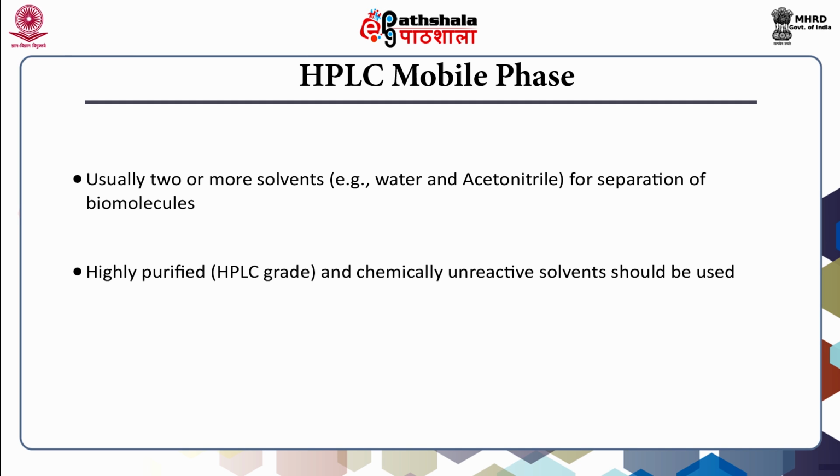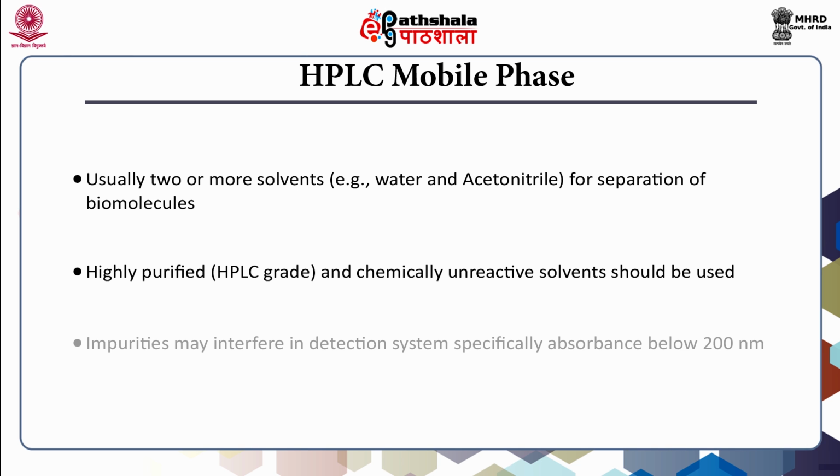Because high purity is required; if there are any impurities, they will interfere in the detection system, especially at a wavelength of less than 200 nanometers. Basically, we need to use HPLC grade chemicals while doing HPLC. That means HPLC requires highly purified HPLC grade chemicals as the mobile phase.